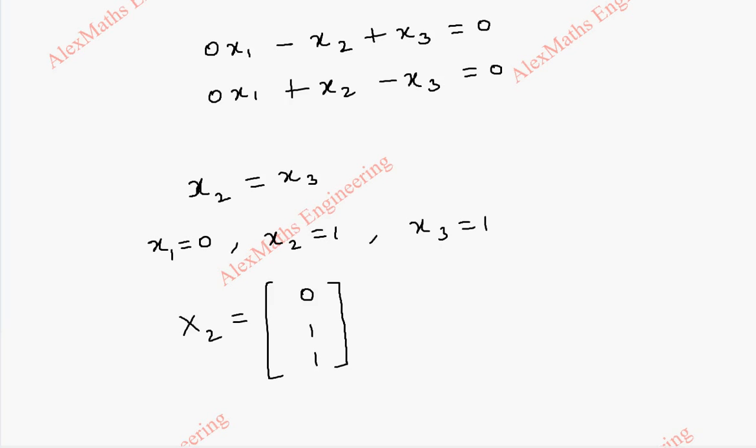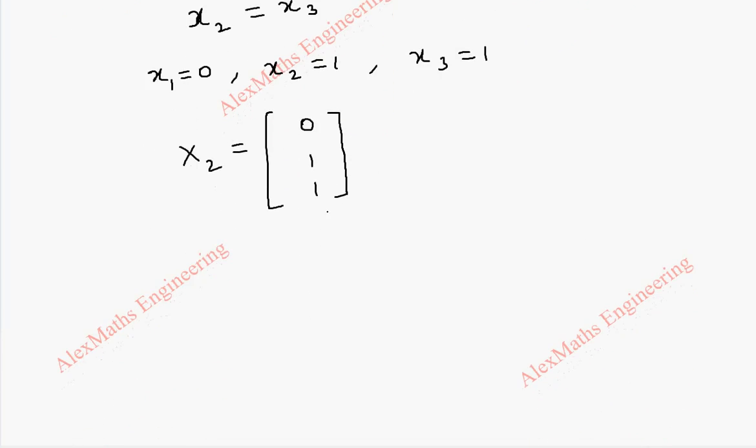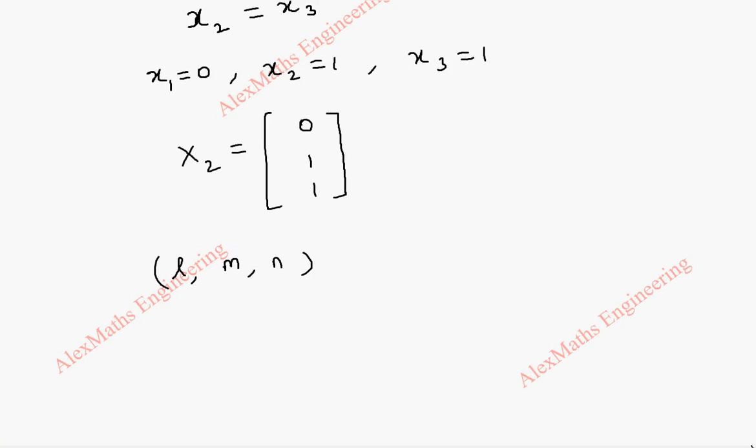Then there must be another eigenvector corresponding to the value of lambda 1. For that, we assume it is L, M and N. That is, we take the next eigenvector x3 in the form of L, M, N, and this is orthogonal with x1 and x2.